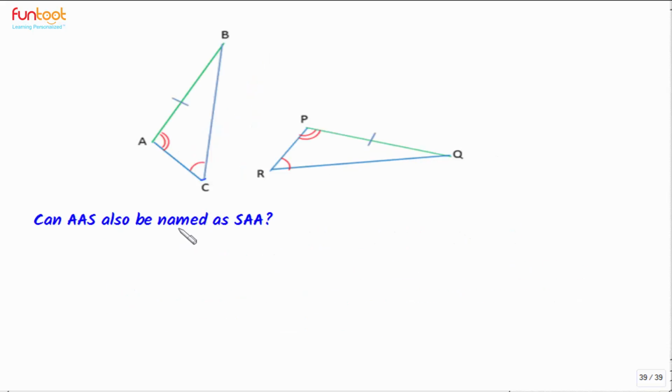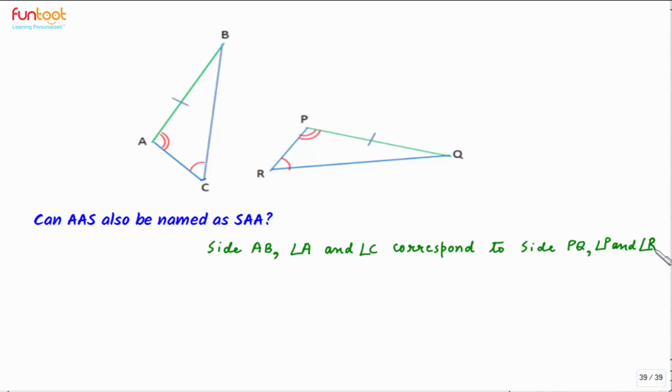Can AAS also be named as SAA? Let's explore. Instead of starting with angle A, if we start with side AB, then we will have side AB, angle A and angle C of this triangle correspond to side PQ, angle P and angle R of this triangle.